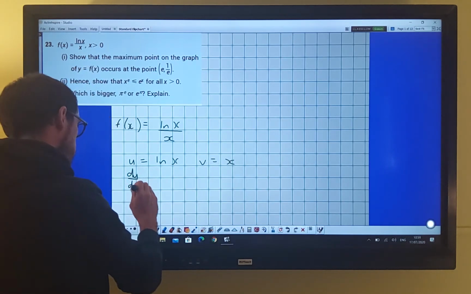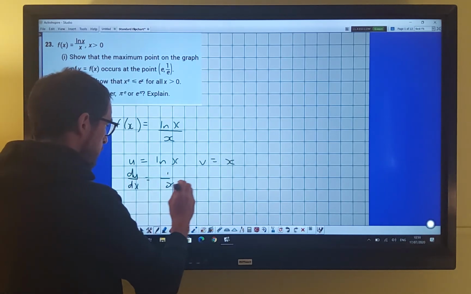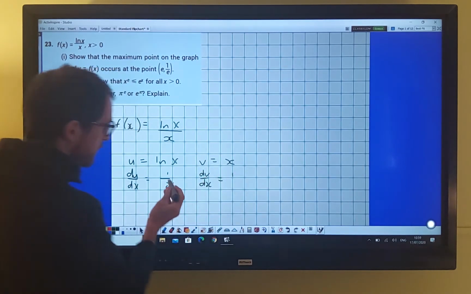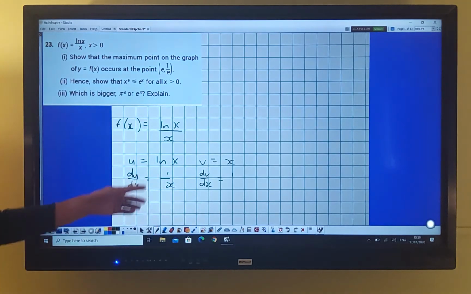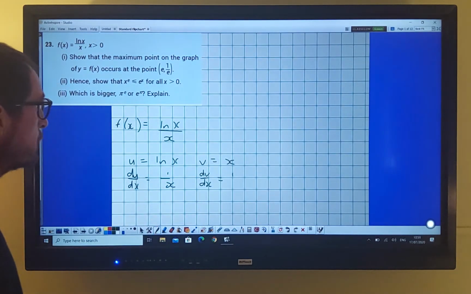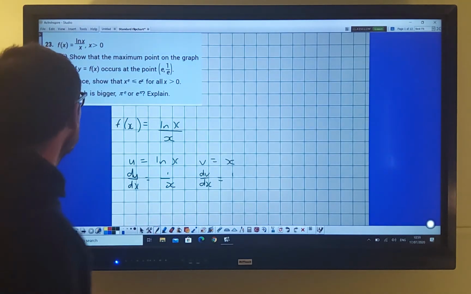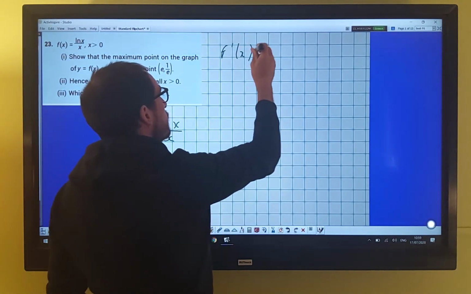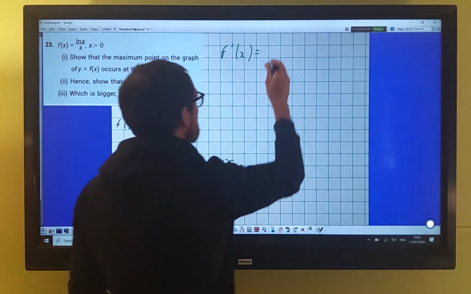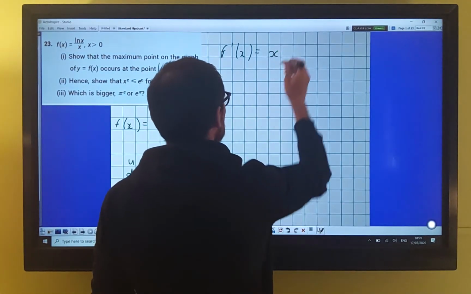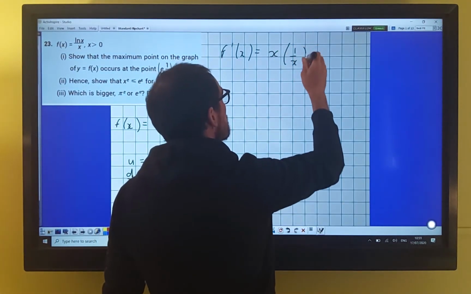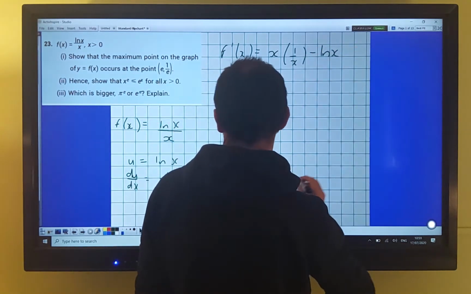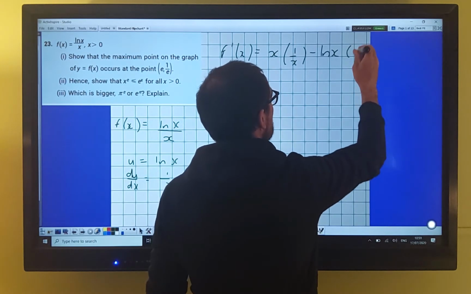So du/dx is equal to 1 over x, and dv/dx is equal to 1. But that's available in your tables book. That's one of the formulas that you're given in your tables book. So therefore the derivative, f dash x, is given by v, which is x, times du/dx, which is 1 over x, minus u, which is ln x, times dv/dx, which is 1.